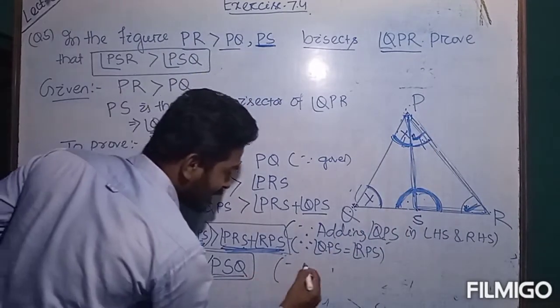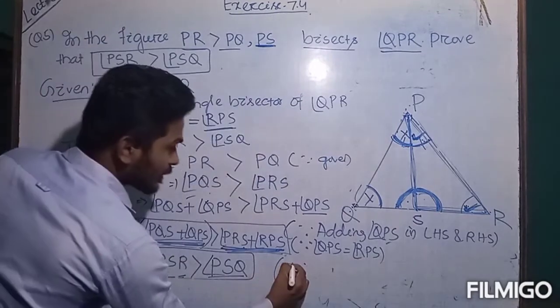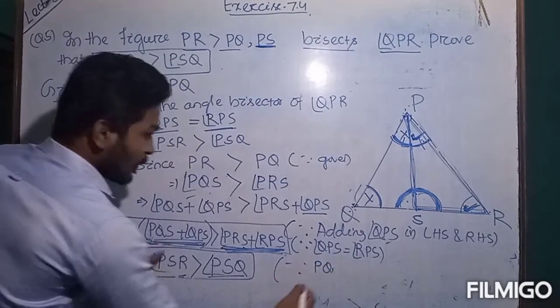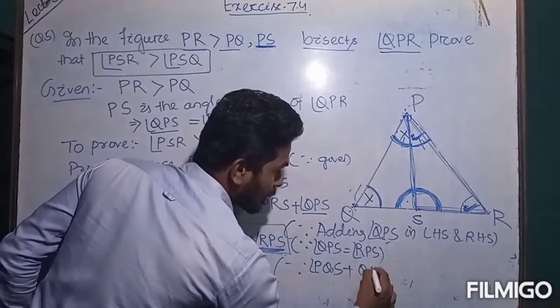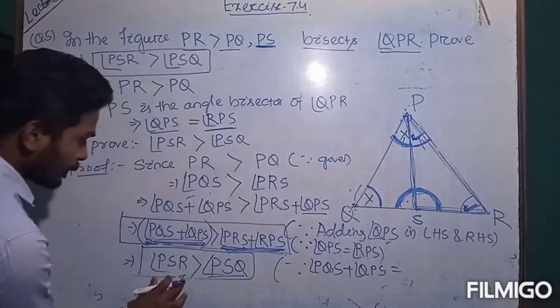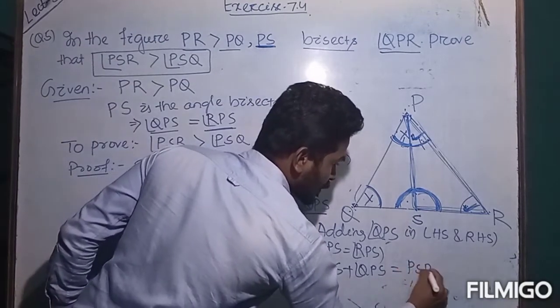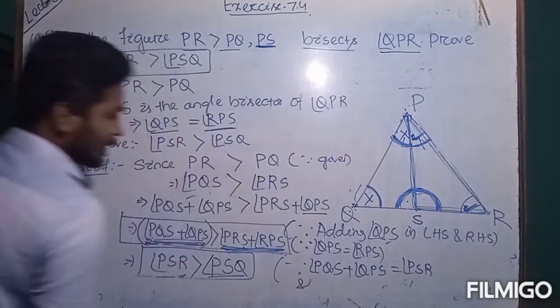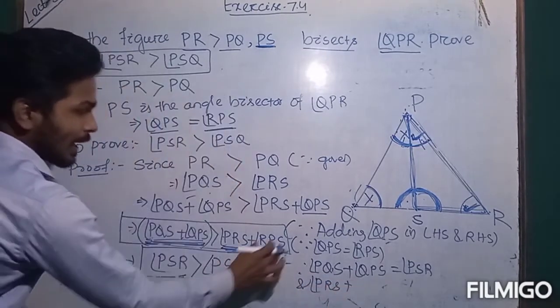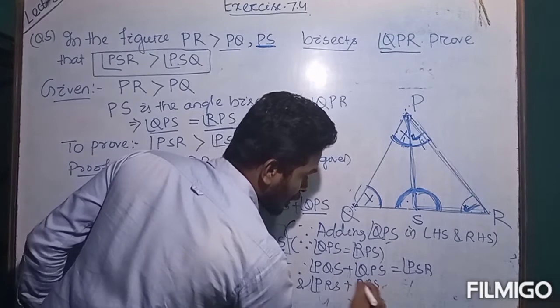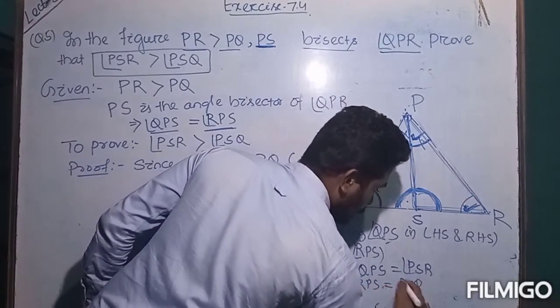Yes, we have to write the reason here also. Since PQS plus QPS is equal to PSR, that's why we have substituted, and PRS plus RPS is equal to PSQ.